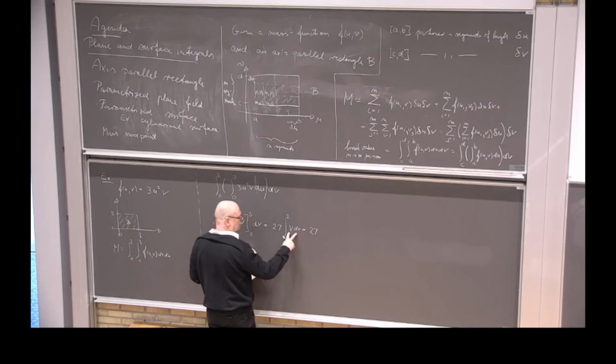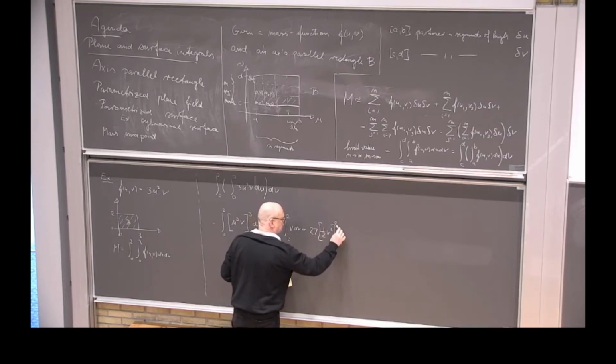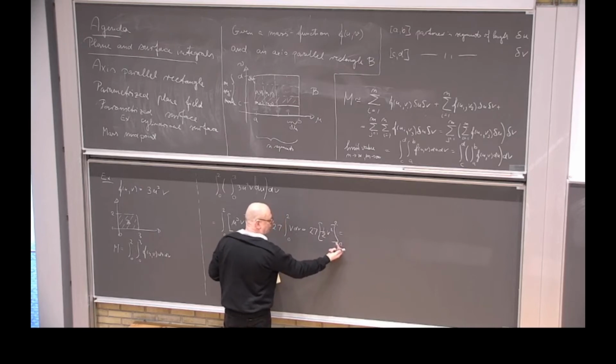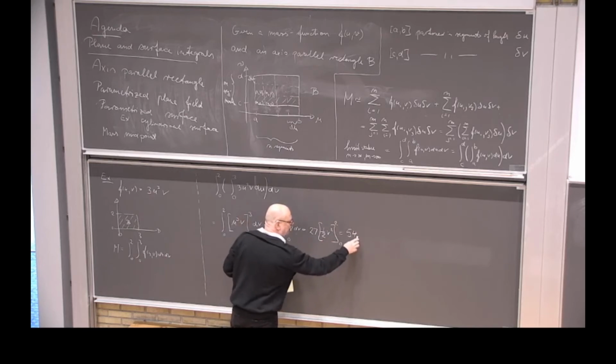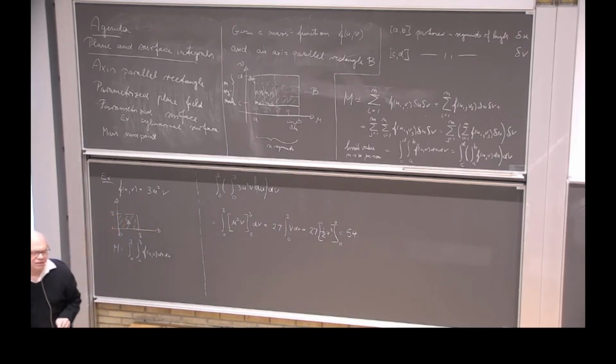The integral of this one is 1/2 v squared, and you take it from 0 to 2. Again, nothing from the lower limit. From the upper limit, you get 2 squared, that is 4, divided by 2, that is 2, so 27 times 2 is 54. And this is exactly the same value as the limit of the double sum, which we did the last time.